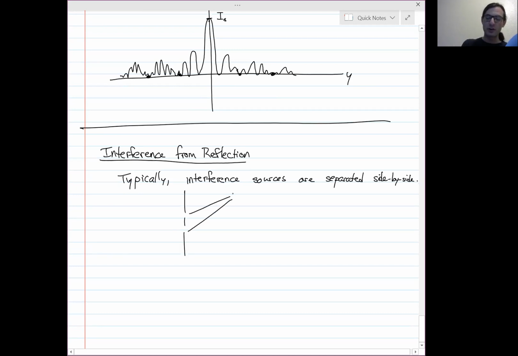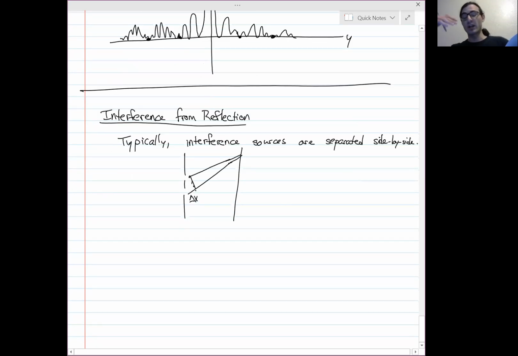And then you'd have some interference because they travel a different distance, you know, delta x, right? But we still want to deal with interference coming from a path length difference, but we could have interference separated in a different direction. What if the interference sources were separated along the direction of motion?